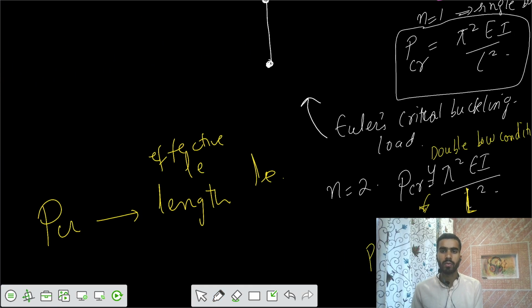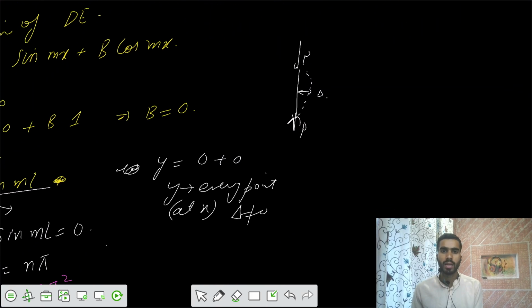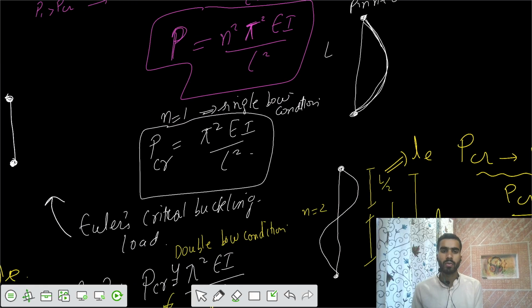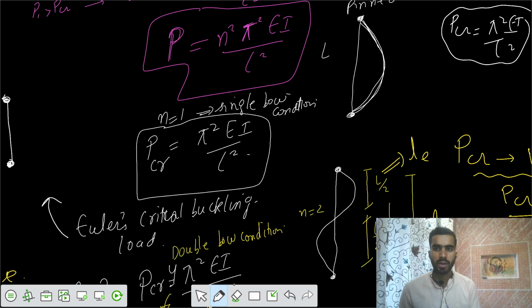And similarly here we saw that delta is 0 at the ends. Because of that we got this equation that PCR equals pi square EI upon L square, for n equals 1.